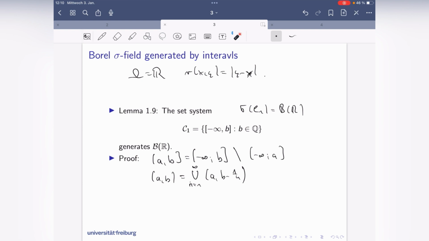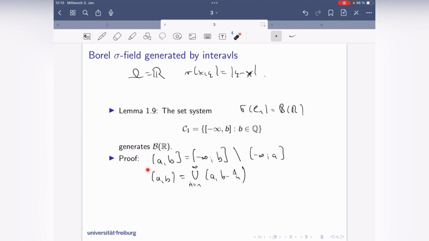And that means now I can write (a, b) using sets only in C1 by having set differences and countable unions.